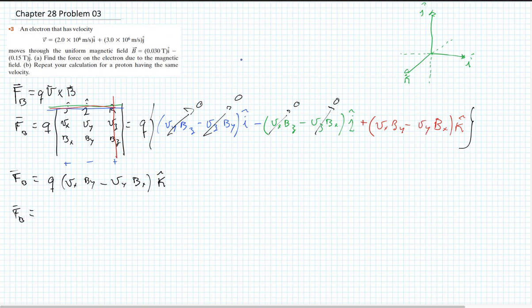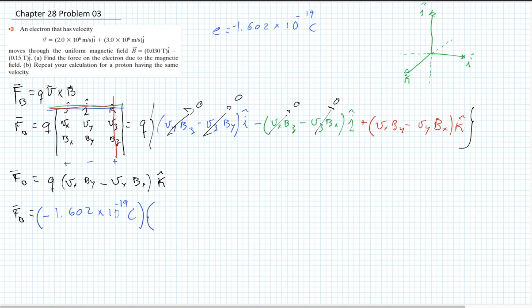So if you remember, the electron charge will be negative, negative 1.602 times 10 to the minus 19 coulombs. If we are dealing with only electrons, this is going to be the charge. So I just need to put here minus 1.602 times 10 to the minus 19 coulombs. Okay, so this is going to be my first one here.